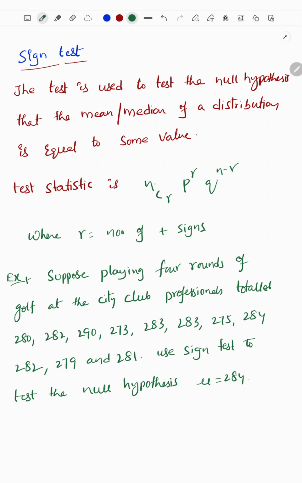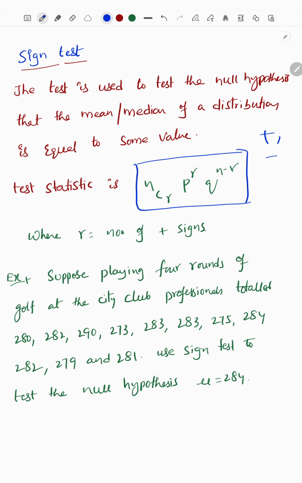So here n is equal to the number of samples. r means the number of positive signs. I will tell you what is meant by the number of positive signs while explaining the example. Where p and q are 1 by 2 and 1 by 2, because this model is purely based on allocation of plus, minus.